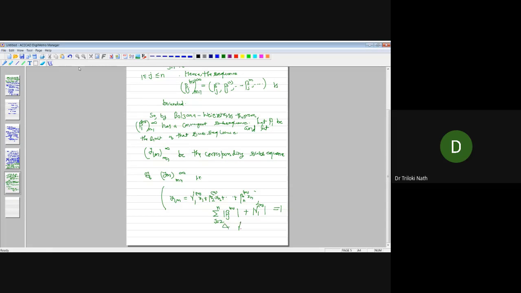And this gamma 1m converges to beta 1 because that gamma 1m is a subsequence of beta 1m. Okay, this gamma 1m is a subsequence of beta 1m and converges to beta 1 as m goes to infinity. So I hope up to here it is clear.